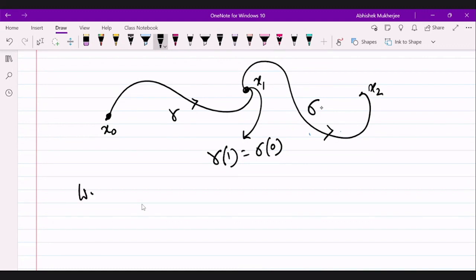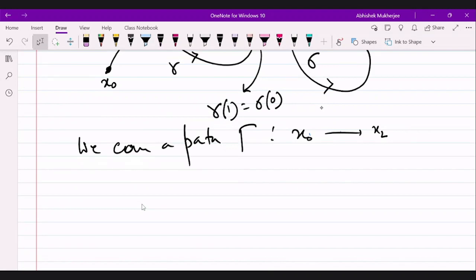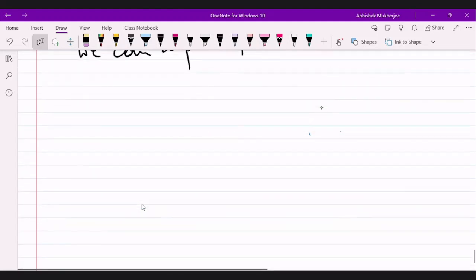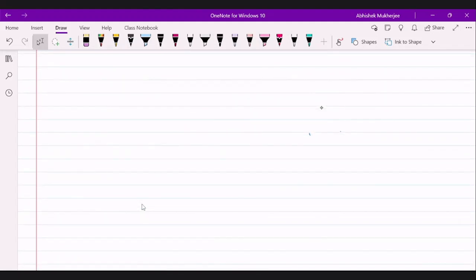So we can define a path capital gamma from x0 to x2, right? Great. Now, suppose you have two spaces.